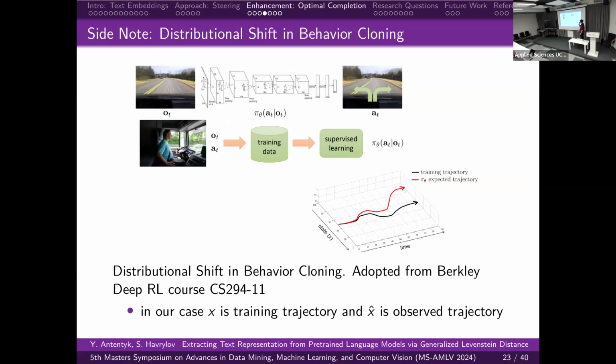Interestingly enough, this problem has a lot in common with a problem from control theory, in particular the problem of distributional shift in behavior cloning. So what does it mean?